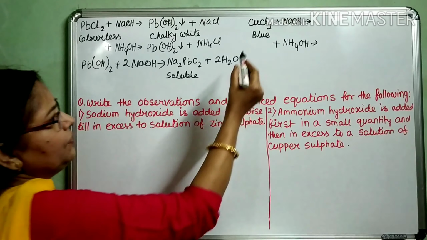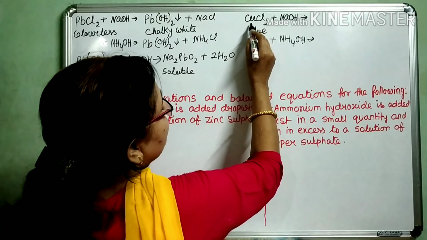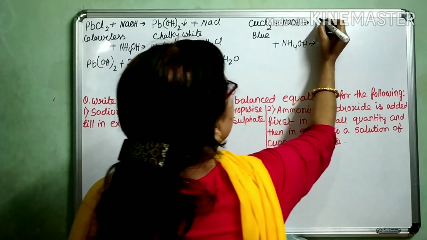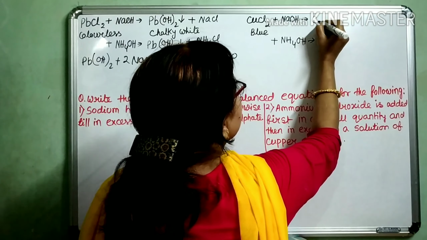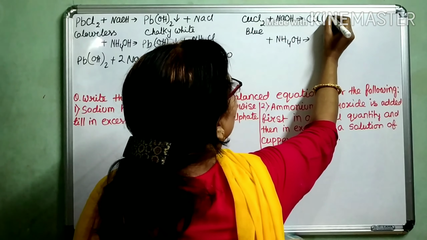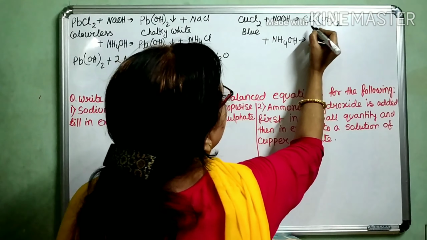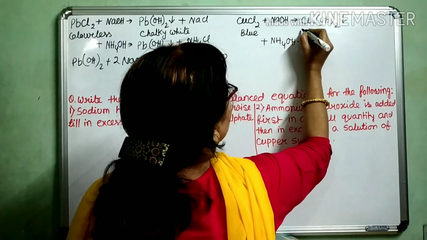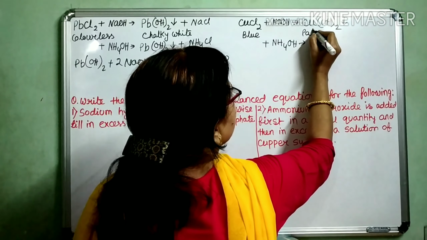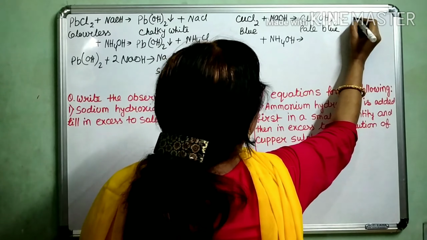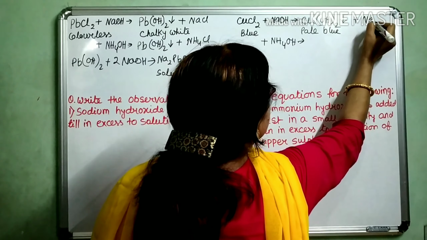But in case of copper chloride, when it reacts with NaOH, then Cu(OH)2, its color is blue, a pale blue precipitate is formed first, plus NaCl.